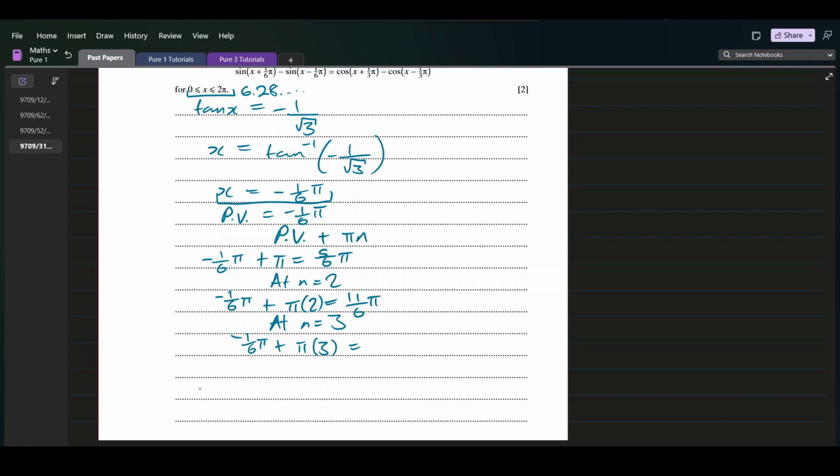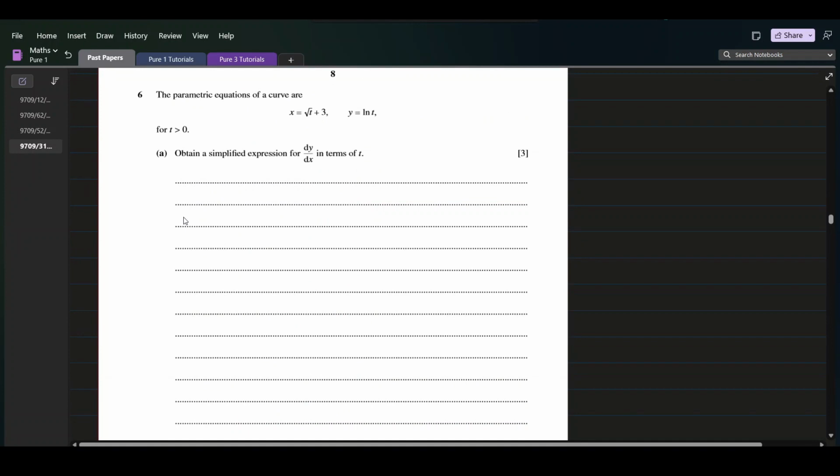So we only select the solutions within the given interval, so we can conclude that x is equal to 5 over 6 pi, and then our final solution 11 over 6 pi, and this would be your final answer.